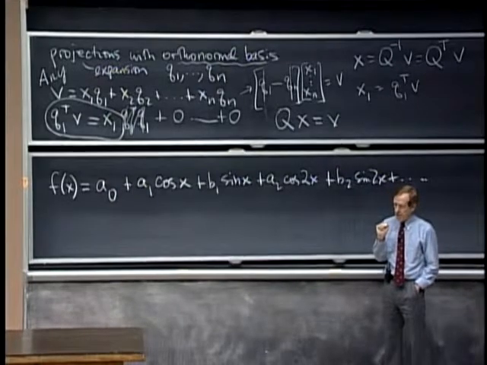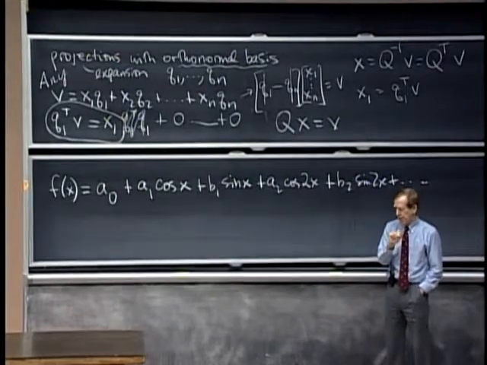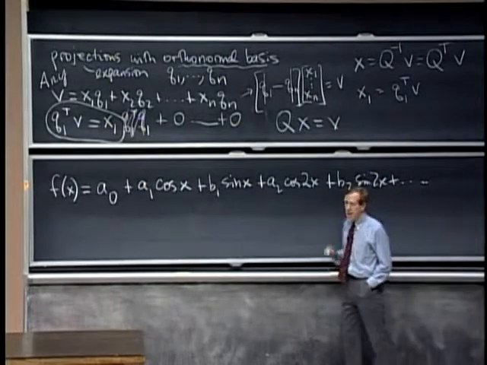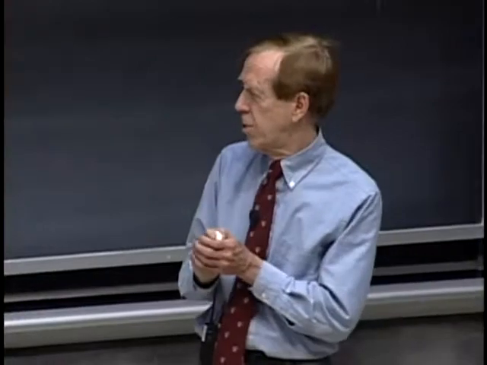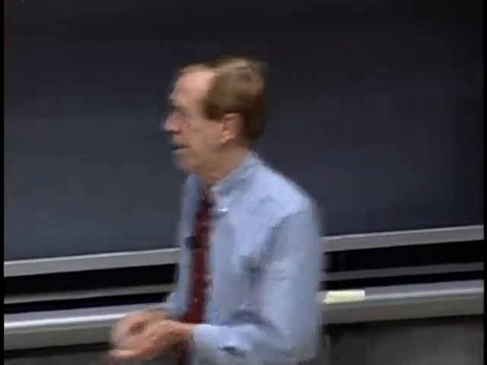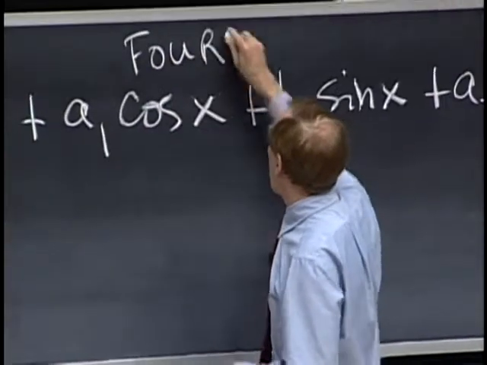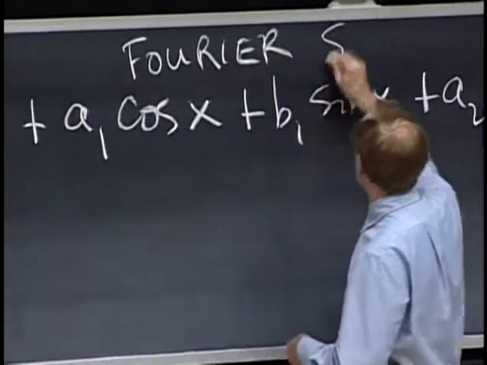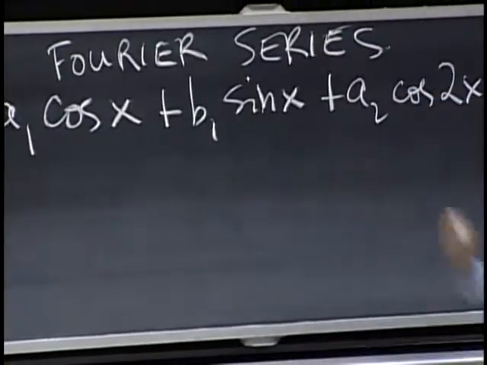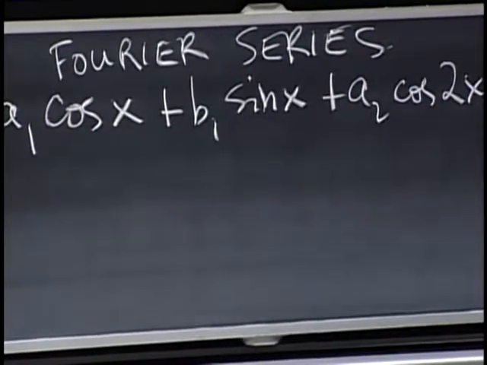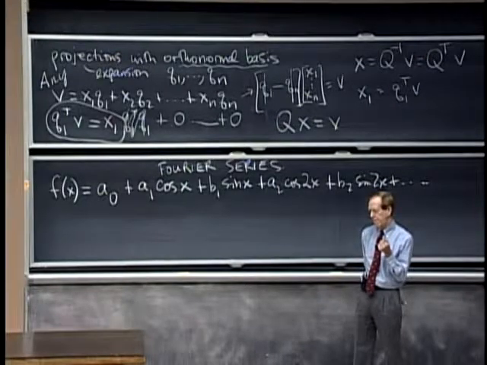But the key property of things being orthogonal is still true for sines and cosines. So it's the property that makes Fourier series work. So that's called a Fourier series. Better write his name up. Fourier series. So it was Joseph Fourier who realized that, hey, I could work in function space.